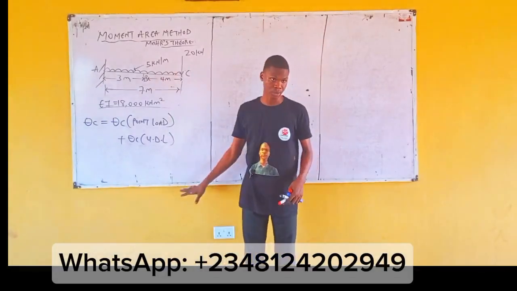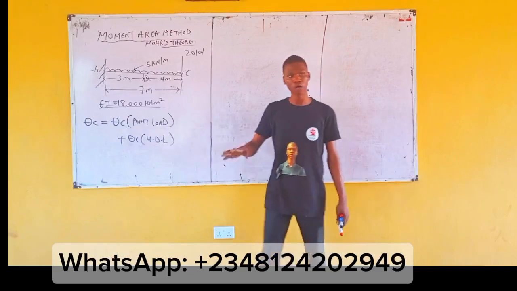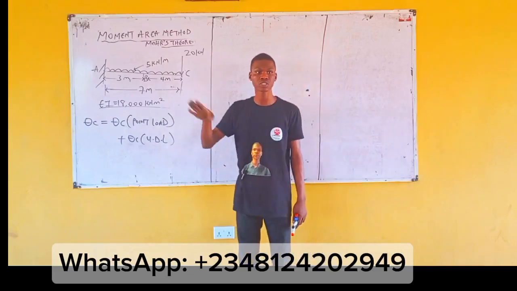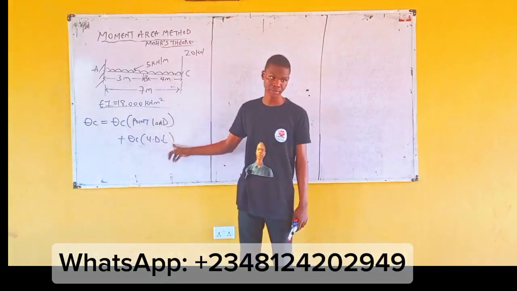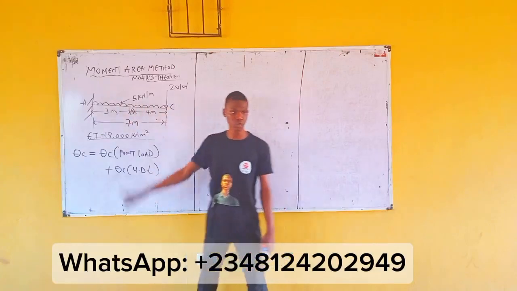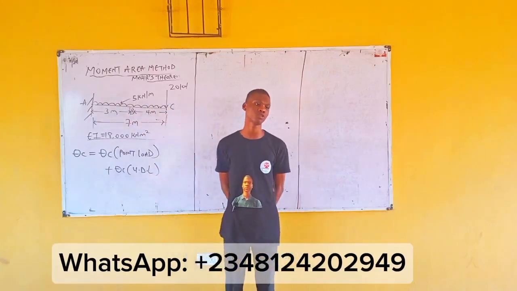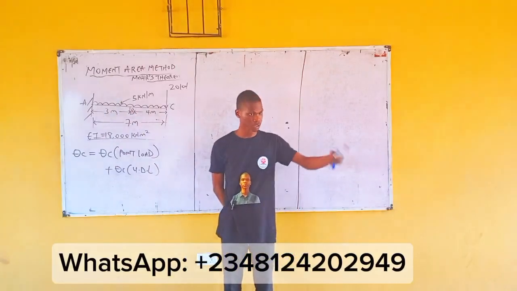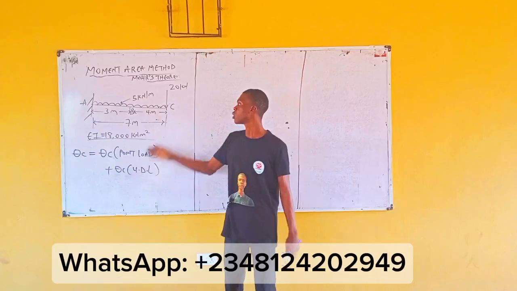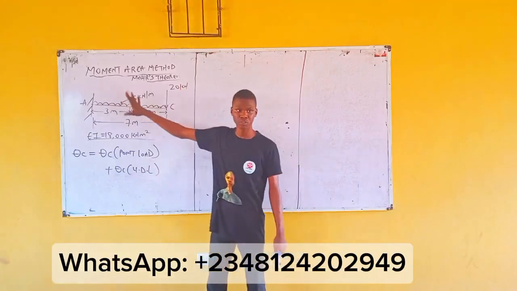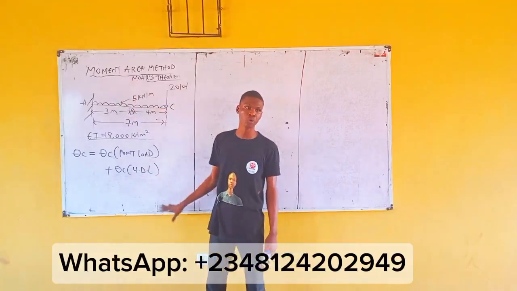By the time you solve at the end, I want you to solve it yourself using the double integration method, the method we know already. Given this question, if it was double integration method you were asked to use, you'd be able to do that, just applying the normal idea of double integration method from step 1 up to step 7. You must get the same answer to what we'll be getting now.